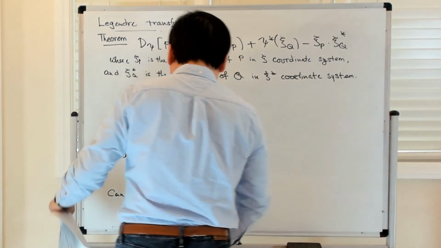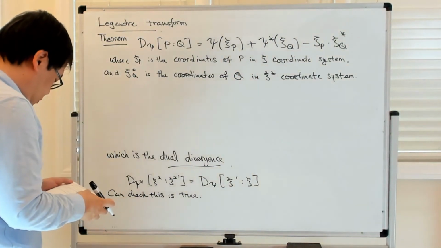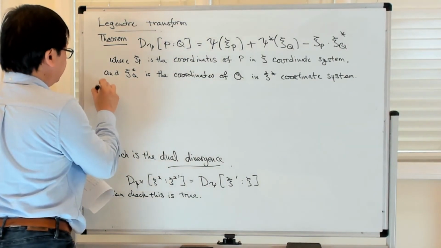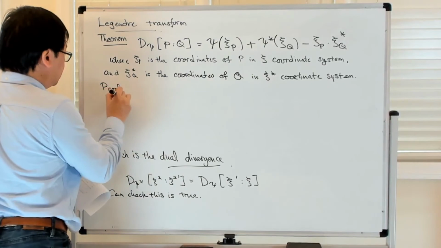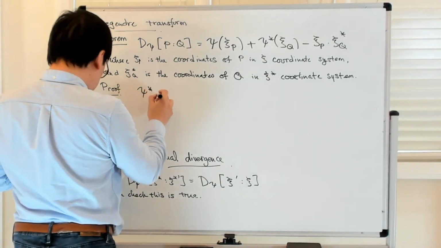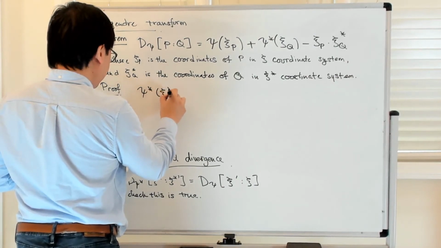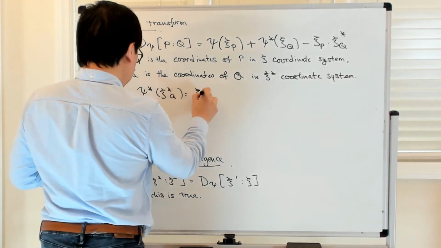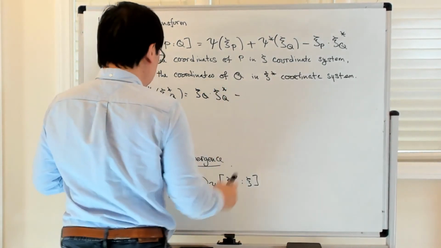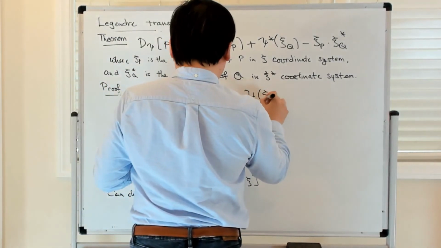Right. And of course, how do you go about proving this? So let me just sketch the proof. You can check that this dual convex function is equal to cos Cq dot cos Cq star minus psi at cos Cq.